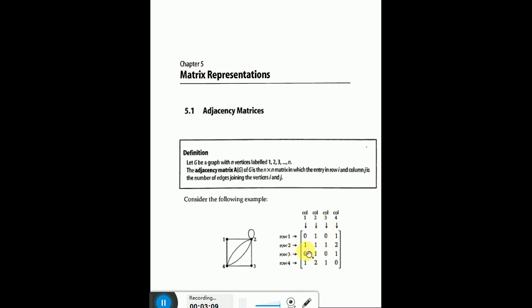Now we skip one vertex: 2 is joined with 2 itself, which is called a loop. And the fourth one, 2 is joined with 4 by multiple edges, two edges. Similarly, for 3 and 4, you can check vertex 3 and vertex 4.